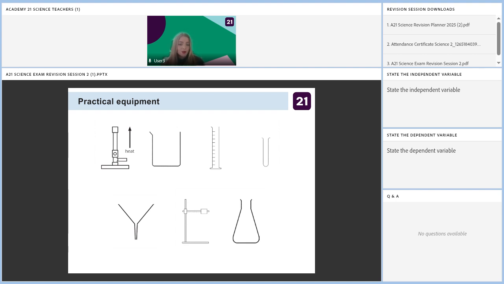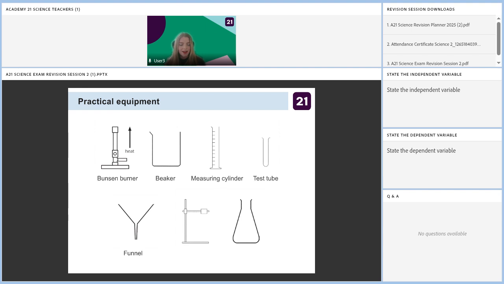Okay, so with these pieces of equipment then, I'll just pop up what they actually are. So this first one we have here then is a Bunsen burner. Again, this one looks a little bit complicated in terms of how it's drawn. It doesn't need to be especially detailed, but as long as it's labeled and it looks roughly like it, then it should be fine. A beaker is this one here, measuring cylinder, and then a test tube.